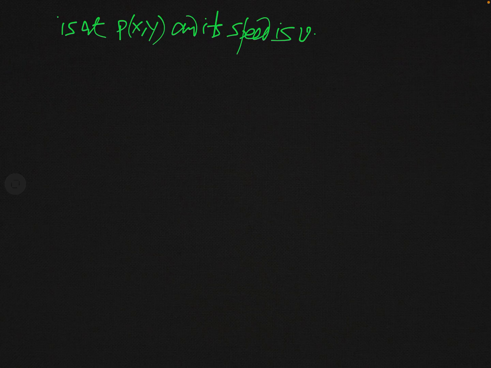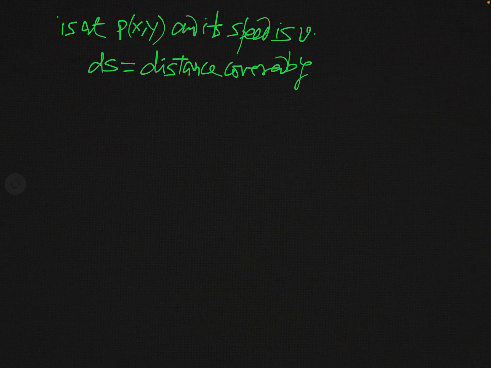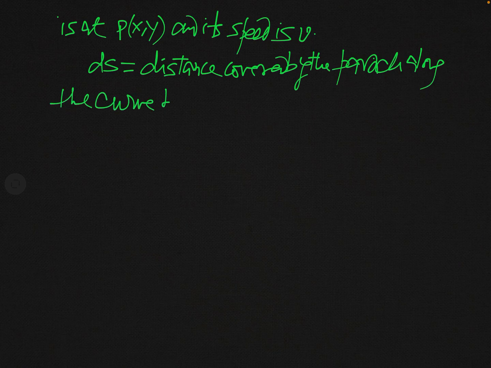And we have considered that ds is the distance covered by the particle along the curve between time t and t plus dt, let us say.